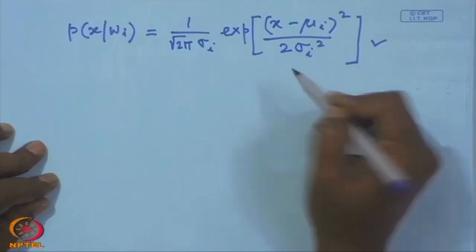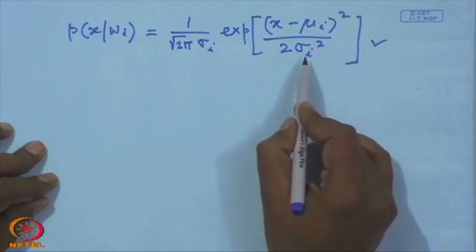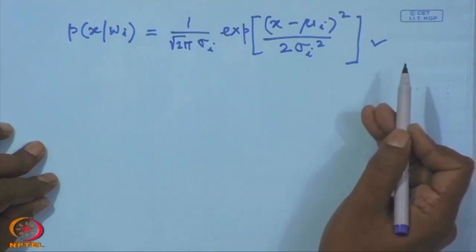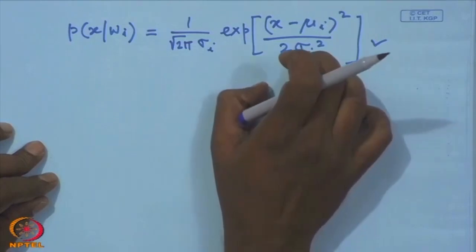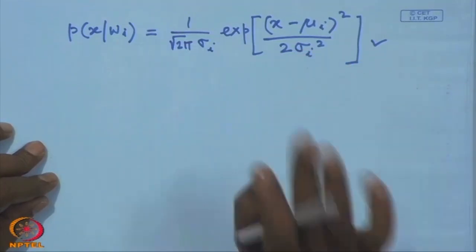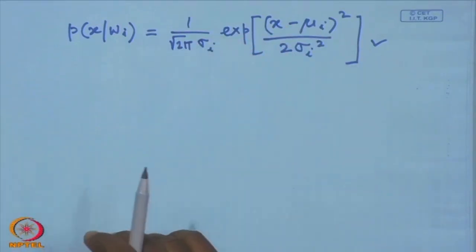Once I take only samples from class omega 1, this mu I simply becomes mu 1, and the variance that I compute, that is sigma I squared, becomes sigma 1 square. So, it is computed only from the samples taken from the corresponding class. That is my class conditional probability.